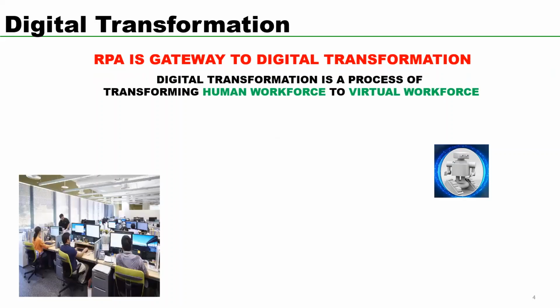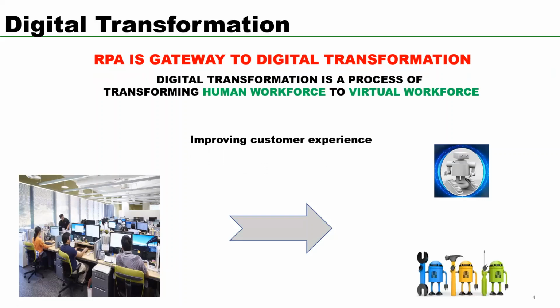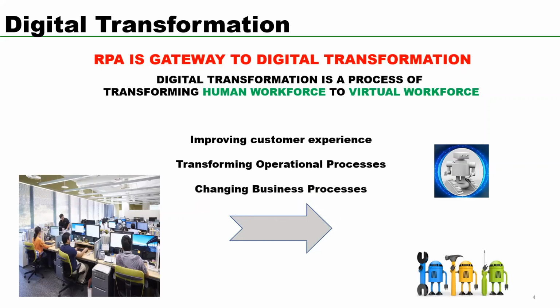Again, what is human workforce? What is virtual workforce? How does this improve customer experience? How does it transform operational efficiency? How does it change business process? All those things you are going to understand.